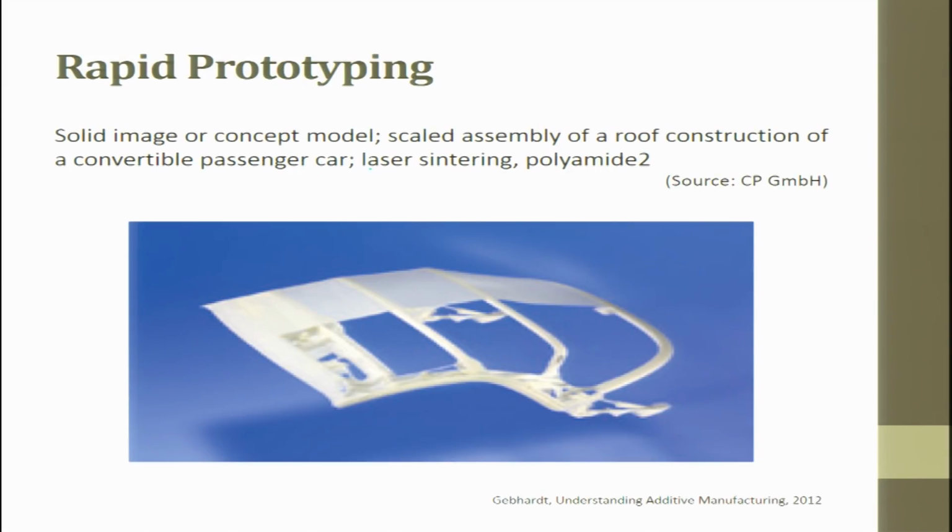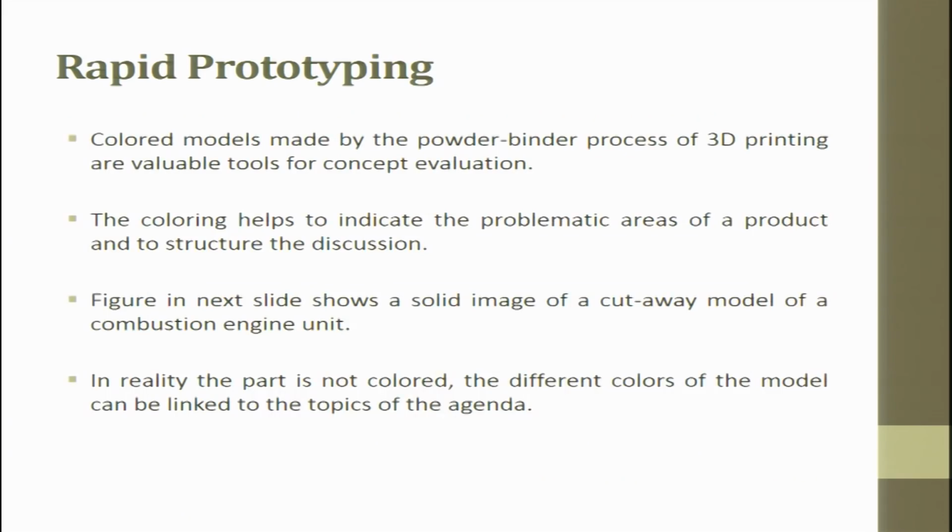Okay. So, it is done by laser sintering, and polyamide 2 is used as the material. The colored models made by the powder bind process of 3D printing are valuable tools for concept evaluation. For example, if you are trying to give topological information about a space, you would like to show the mountain as brown in color, water blue in color, the green pasture as green, and constructed buildings of some color.